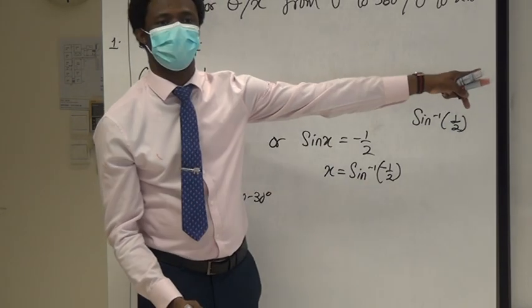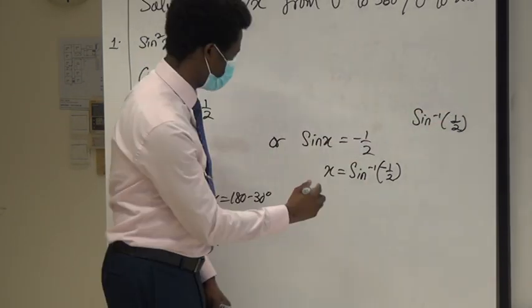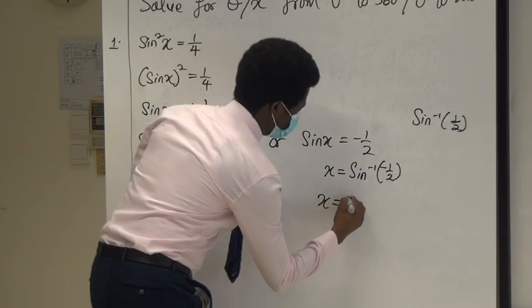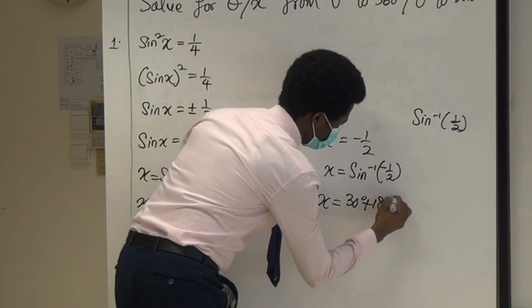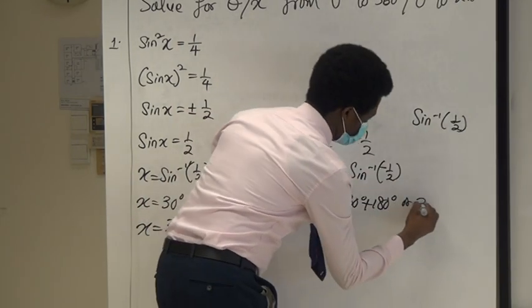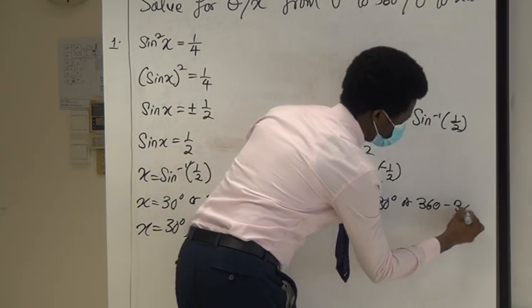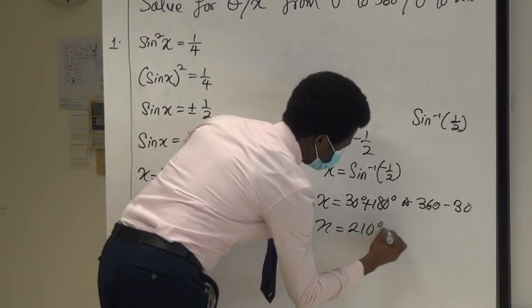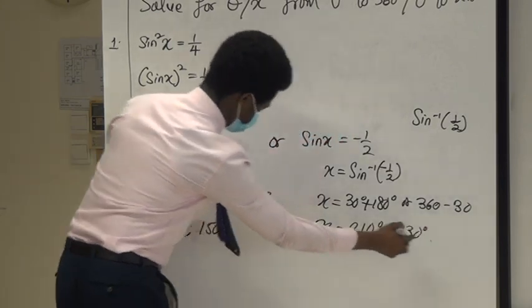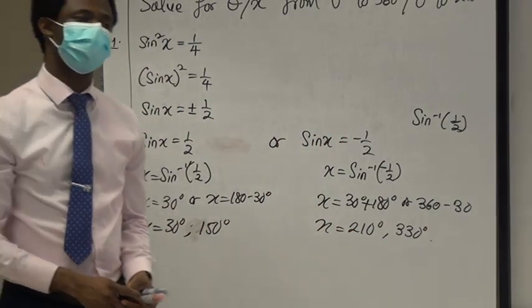I convert it immediately. That 30 is my theta. So I write here, x equals that 30 degrees plus 180, or that same 30 again. Can you see that? And you get the two values you need, 210 and 330. So these are the four values that this equation must satisfy.